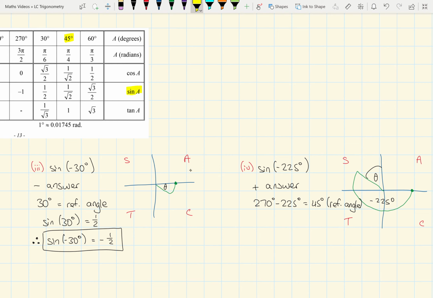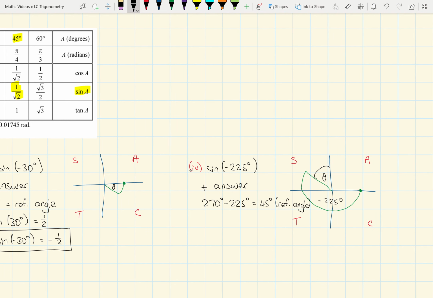We're dealing with sine. And we're going to get 1 over root 2. So sine of 45 degrees is 1 over root 2. And now we return to our original angle. So sine of minus 225, we know it'll be positive, is equal to 1 over root 2. And there's those 4 examples.